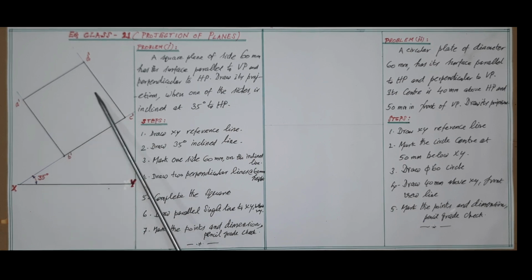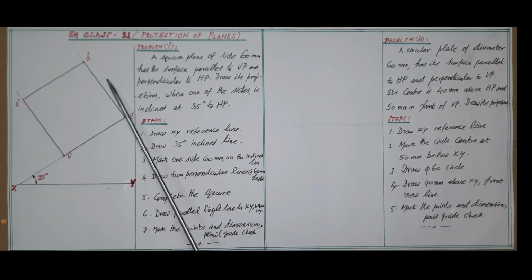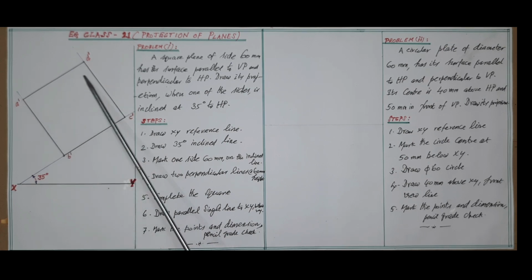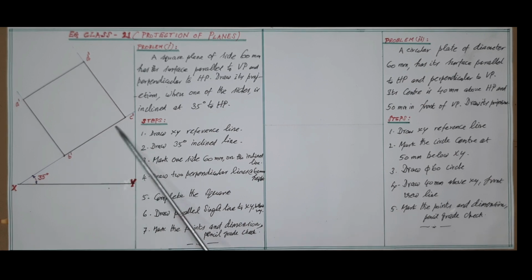So two lines at 60 mm height, that is A dash and D dash. Now connecting these two marked points with a line which is parallel to the given inclined line, the square is now completed as required as front view on VP.